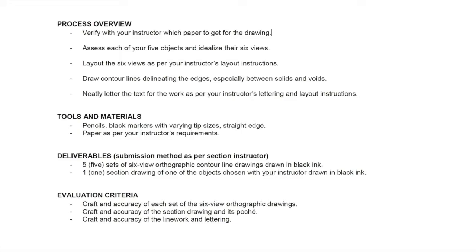Paper per instruction. Deliverables are 5 sets of 6 view orthographic contour line drawings. One of those sets will include a section drawing through one of the objects that you and I will choose, but the best object that has a good cross-sectional quality.